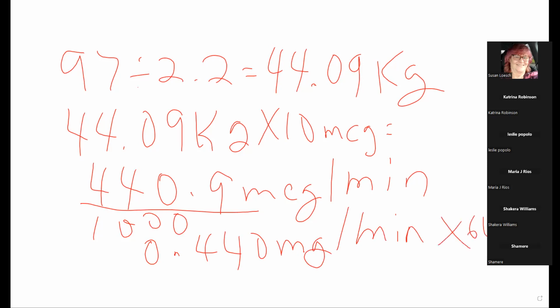We're multiplying by 60 to turn it into hours. And that should give you 26.45 milligrams per hour.